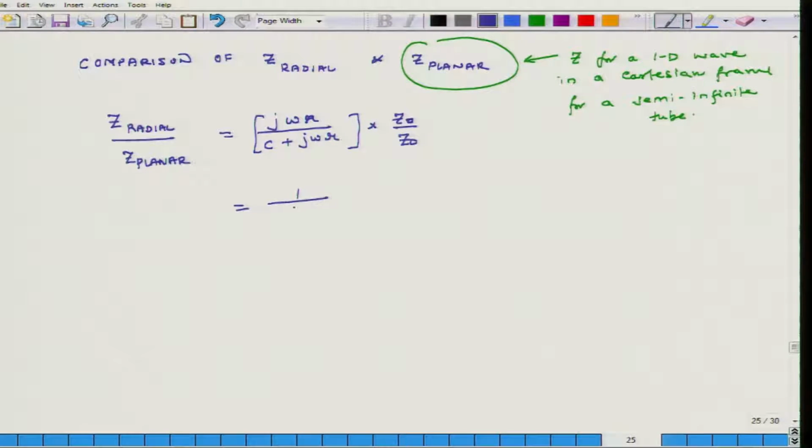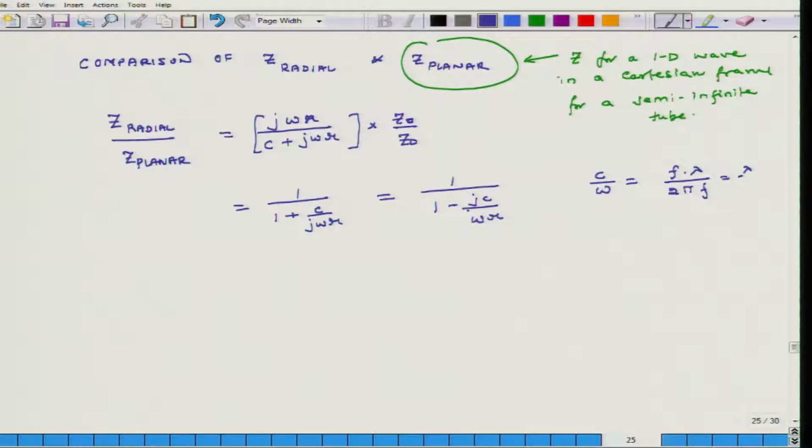I am left with 1 over 1 plus c divided by j omega r. If I take j to the numerator, I get 1 minus j c divided by omega r. Now, c over omega equals, so c is frequency times wavelength, divided by 2 pi f.